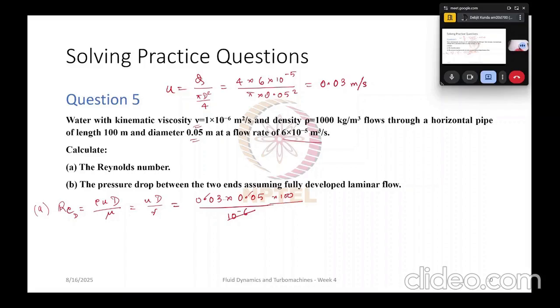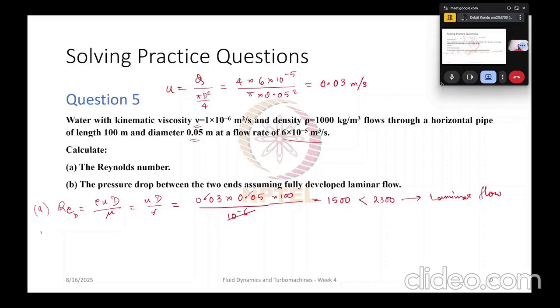So this is 3 into 5, 15 into 100, that is 1500. So basically, since this is less than the critical Reynolds number of 2300, we can say that the flow is laminar flow. Although it's given in the question, it's a good way to check.